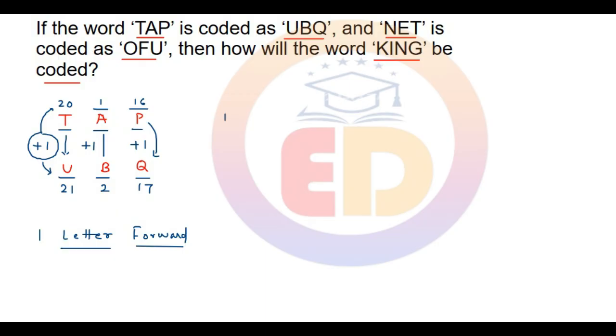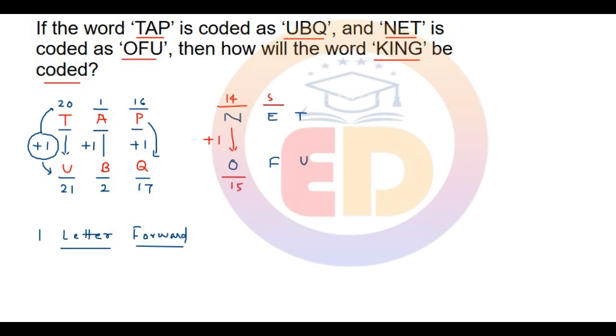Similarly, they have coded NET as O, F and U. Let's number them. The number of N is 14, O is 15. So clearly N has been coded as O, means they have moved one letter forward.